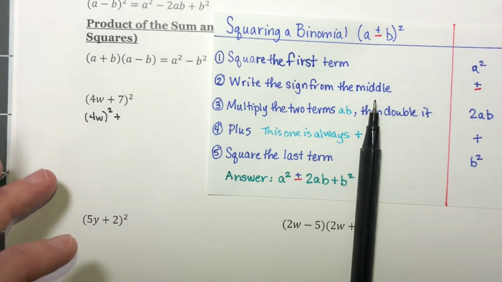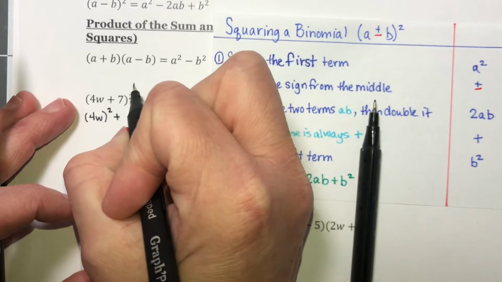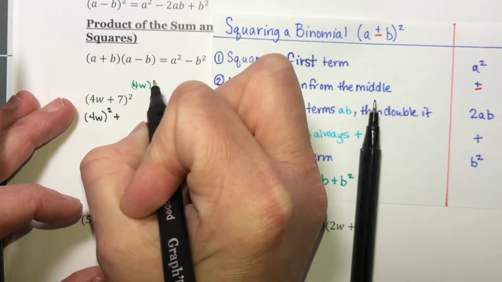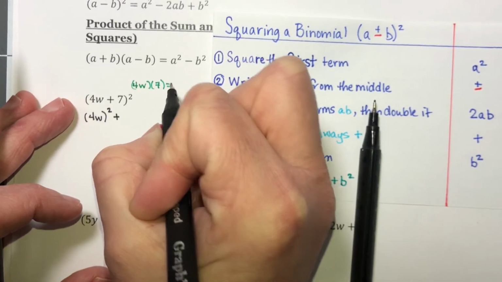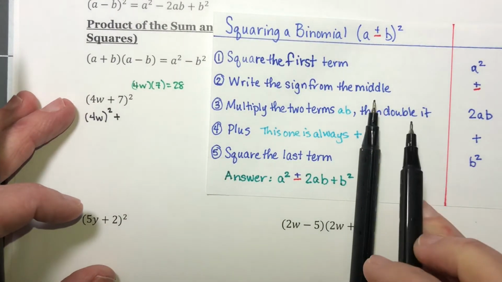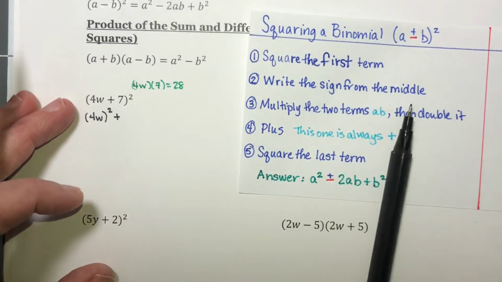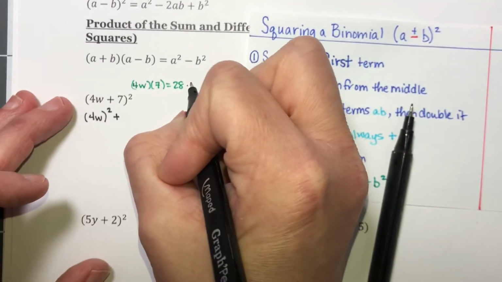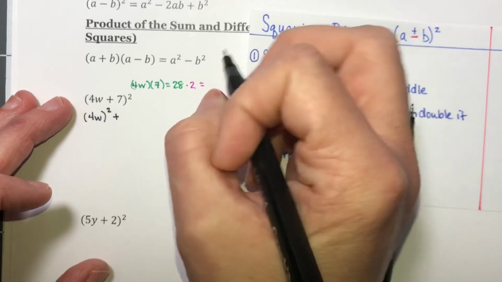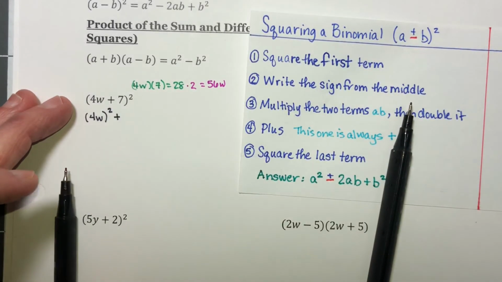Okay, so I'm going to do this in another color up here. 4w times 7 would be 28, okay? And then we double that term. So that means we are going to take this and multiply this by 2 to double it, and that gives me 56w. I left out the w right here.